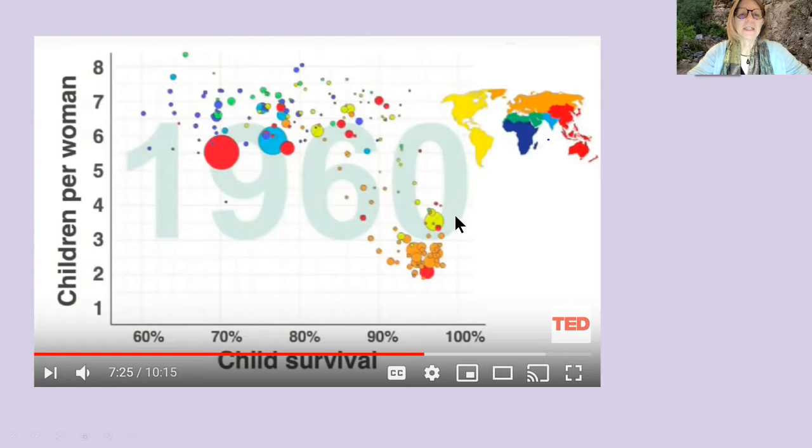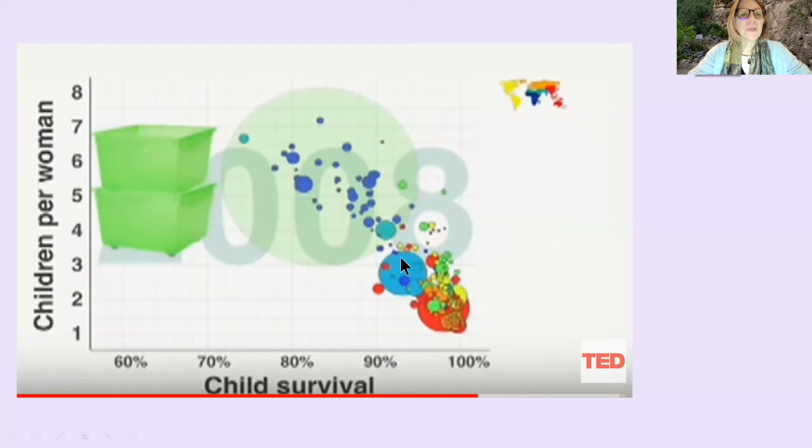I know my family in 1960 was already 5 kids. We've got a lot of countries up here where the child survival rate is not very good, and the size of their families is quite frankly huge. And then by the time we get to 2008, you can see that everything is headed this direction.